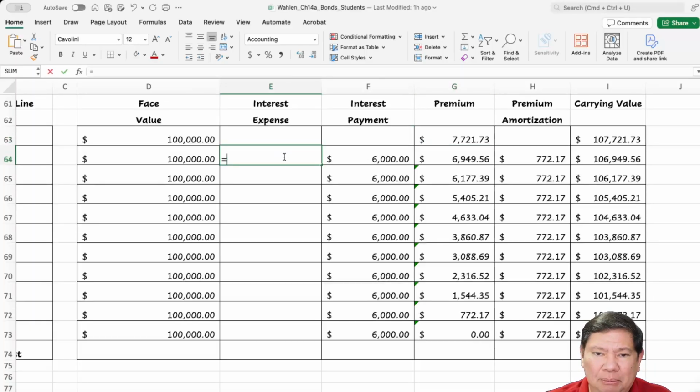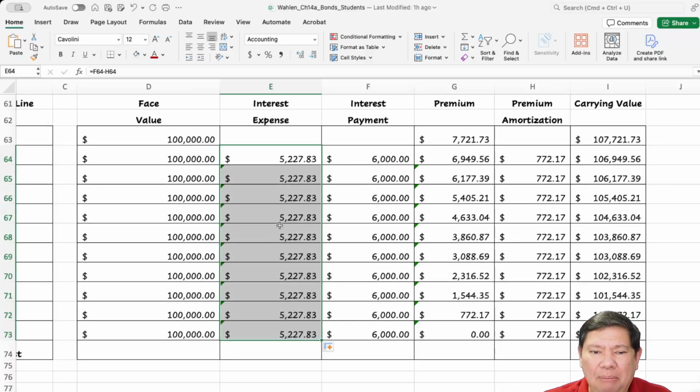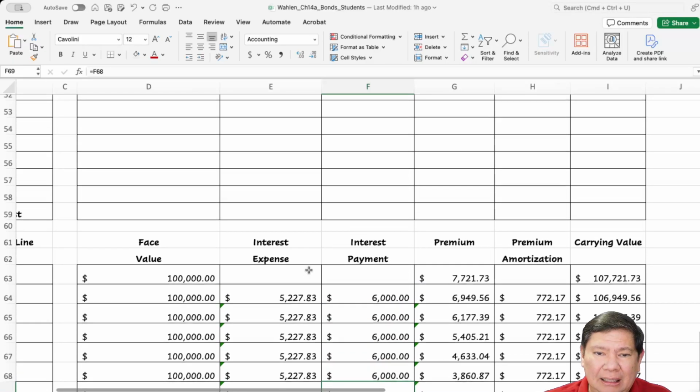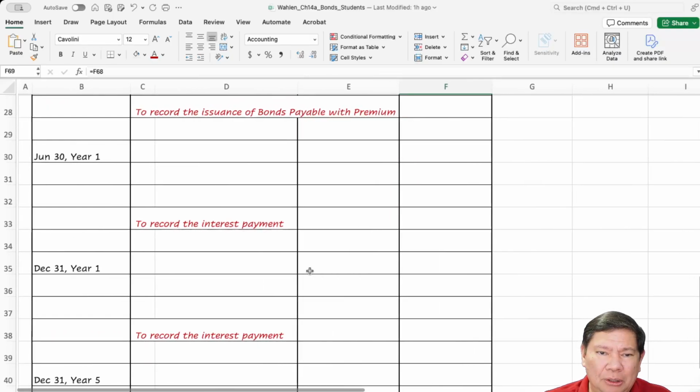So the interest expense is going to be the interest payment minus the premium amortization. Now, this table will help us prepare the journal entries. So let's see how it goes.